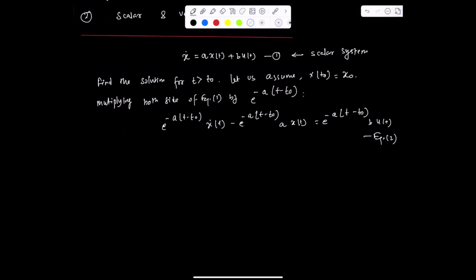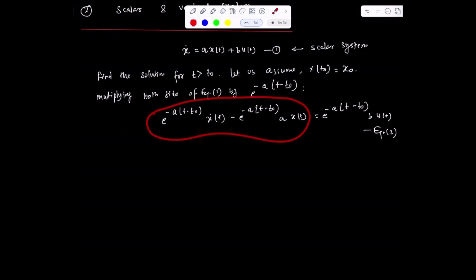Now, let's work on this part. How can we simplify this term?